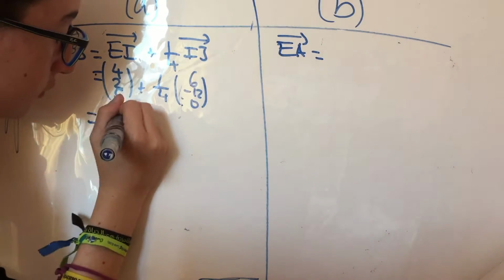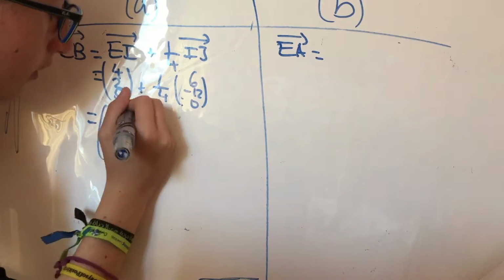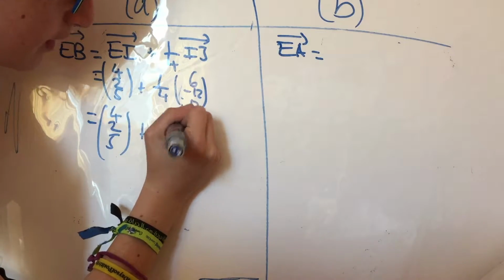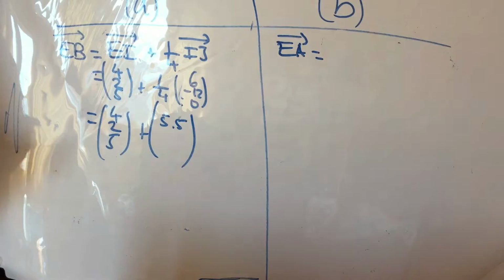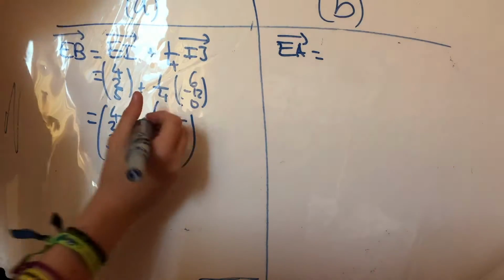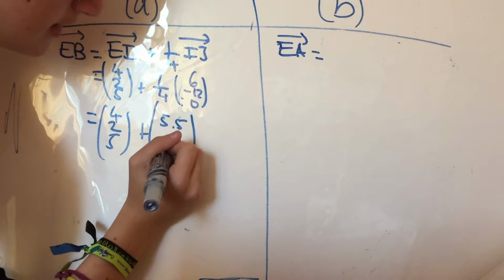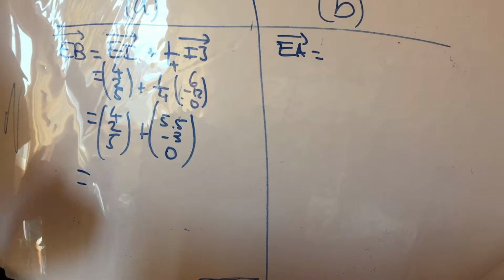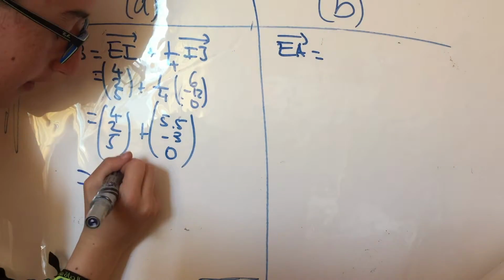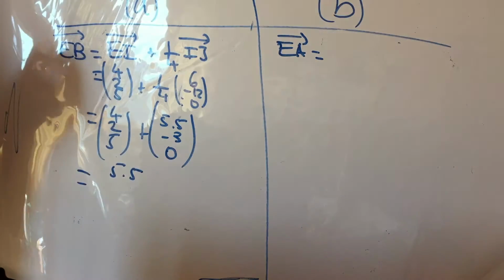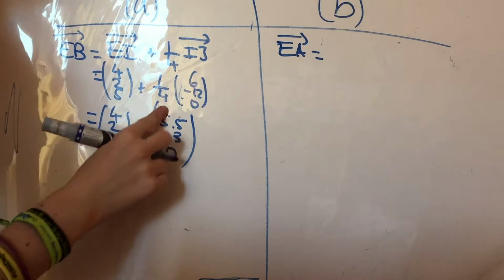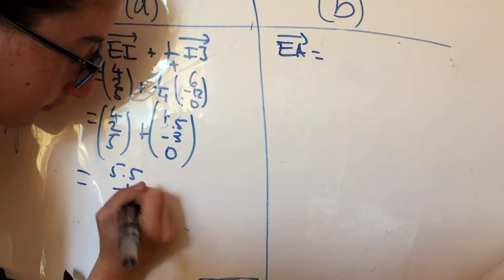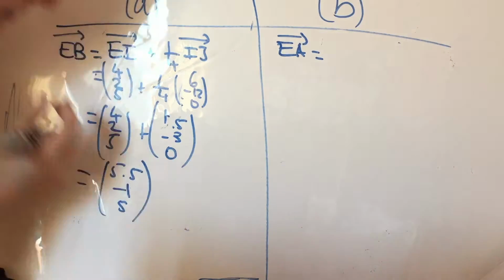So now this is equal to (4, 2, 5) plus (6 divided by 4, which is 1.5, -12 divided by 4, which is -3, and 0 divided by 4, which is 0). And when we add them together, we get the answer, which is (5.5, -1, 5).